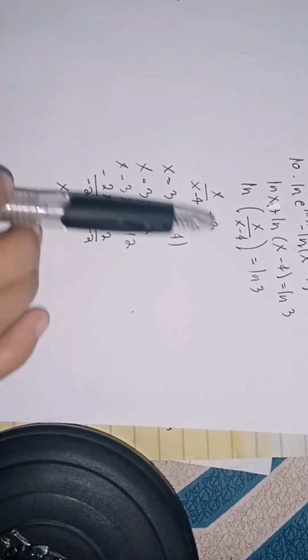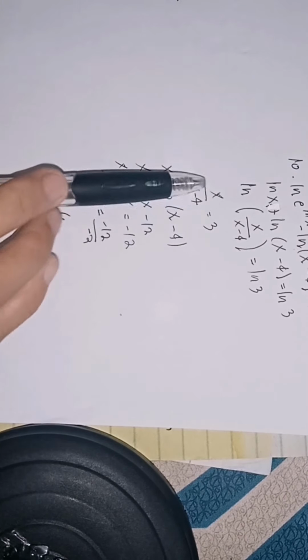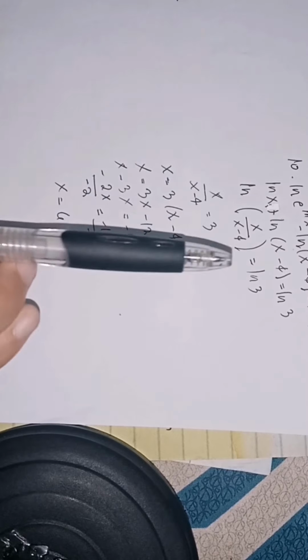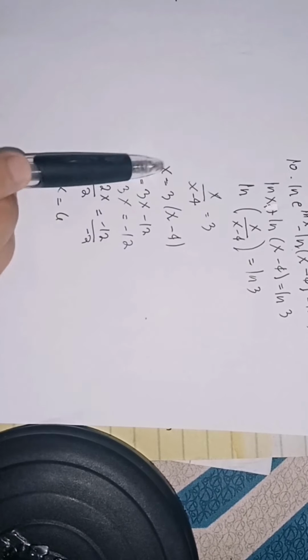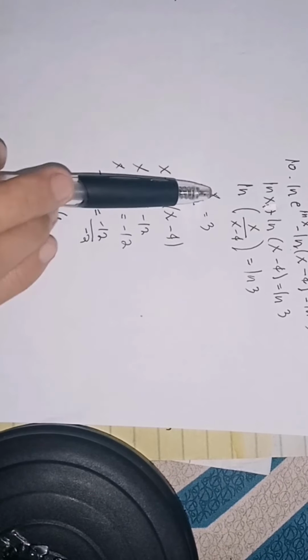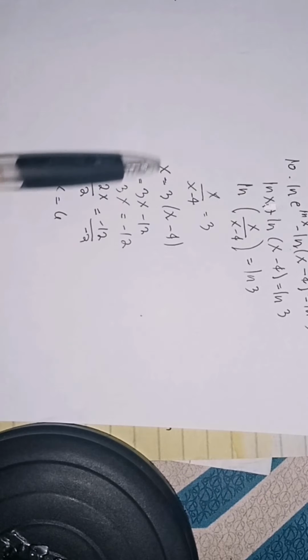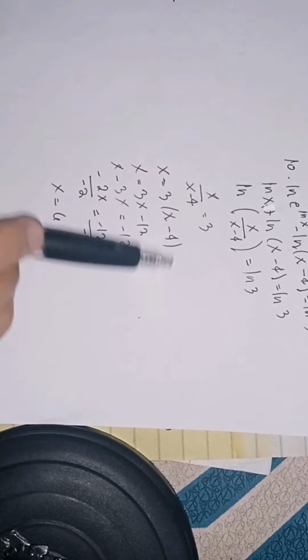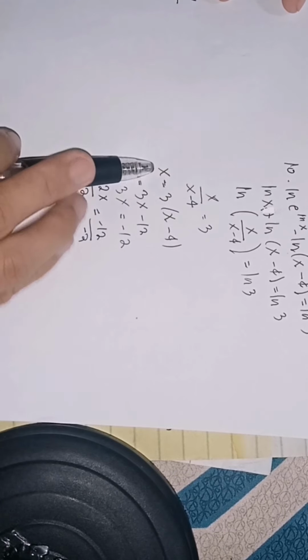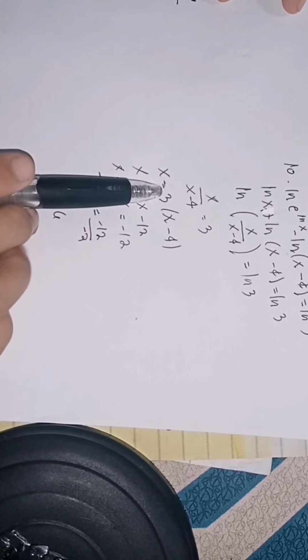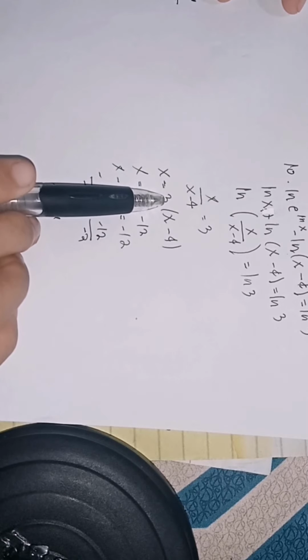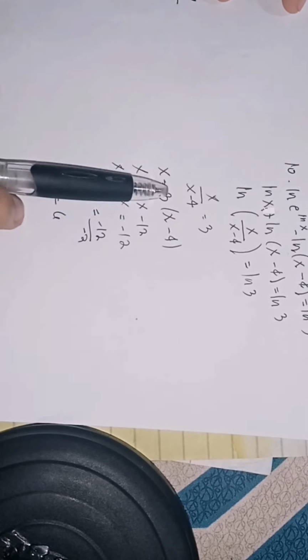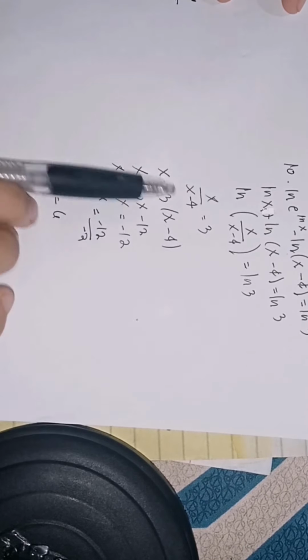And then, next is, we multiply the denominator by the constant. So, x is equal to 3 multiplied by the denominator, which is x minus 4. So, using the algebra method, multiply it to the first term and second term.